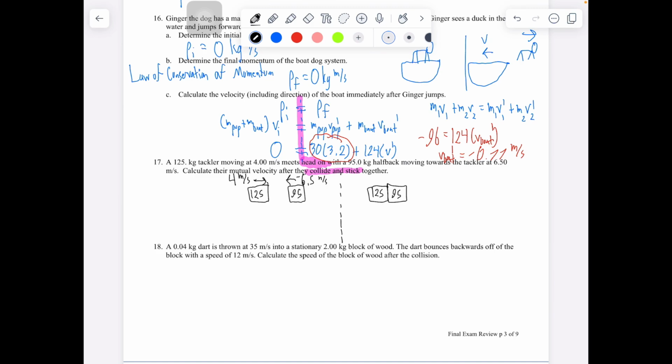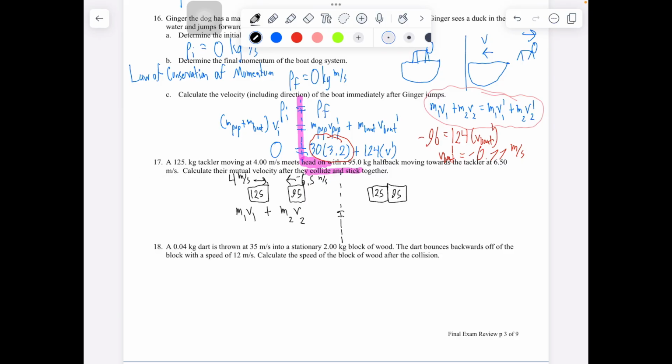Well, we can use our big equation over here, our law of conservation of momentum equation. But what we want to do is customize it for our very own problem. Here, we do start with m1v1 plus m2v2.